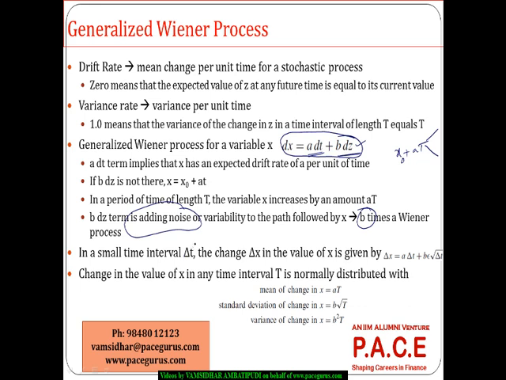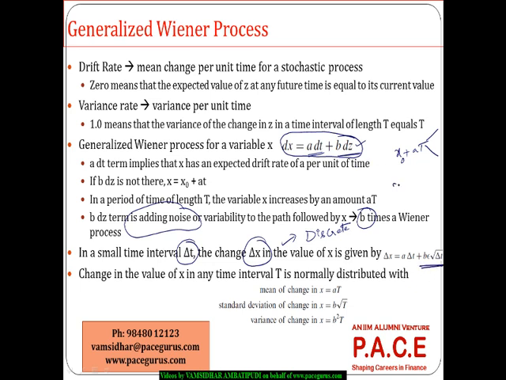Now in a small change of time, in a delta t, we are looking at the change delta x. In continuous time we call it dx, and in discrete time we call it delta x. So again here we can see a times delta t plus b epsilon.